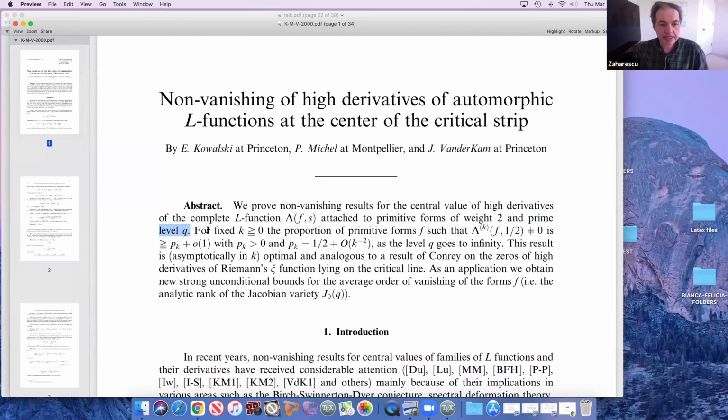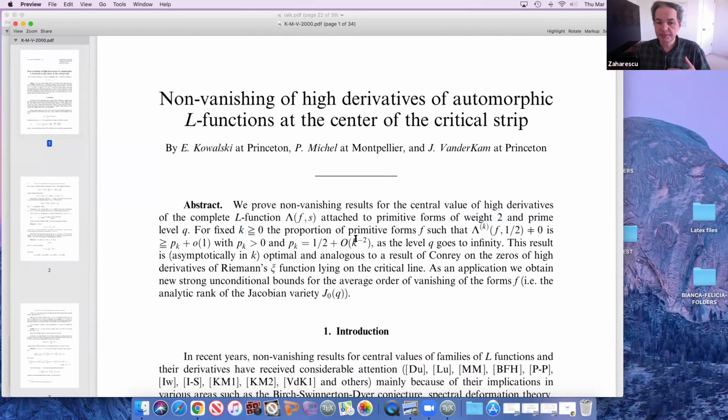They fix a K, and they look at the proportion of primitive forms such that this is the completed function. So they look at the L-function, and then you multiply by the gamma factors, and q to the s over 2 and so on, and you get a completed function. And then you look at the derivative of the completed function.